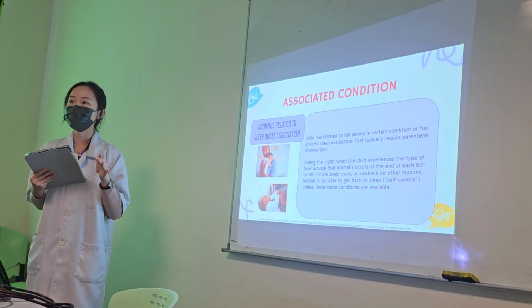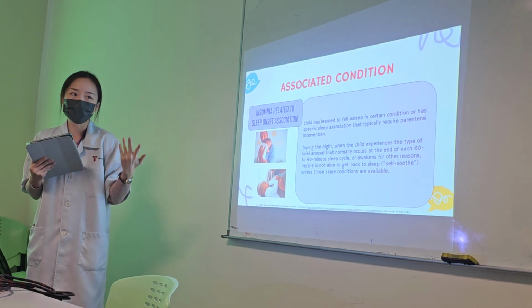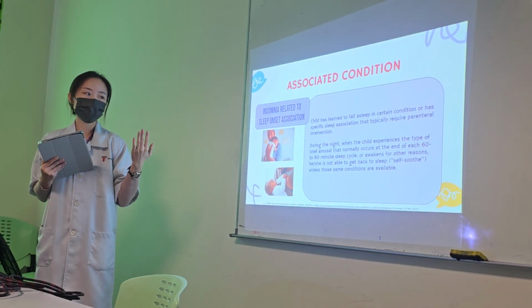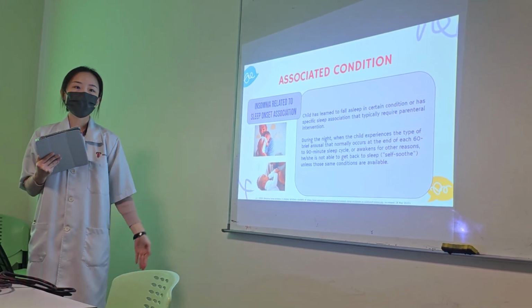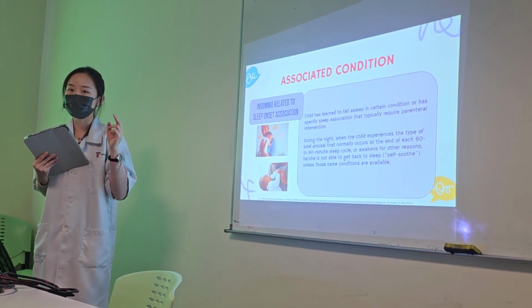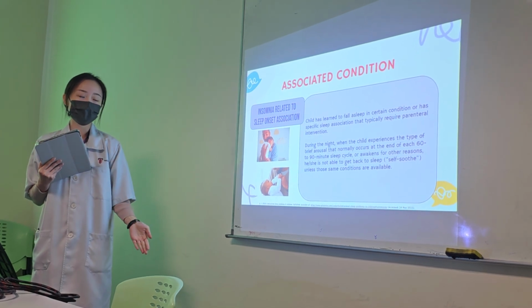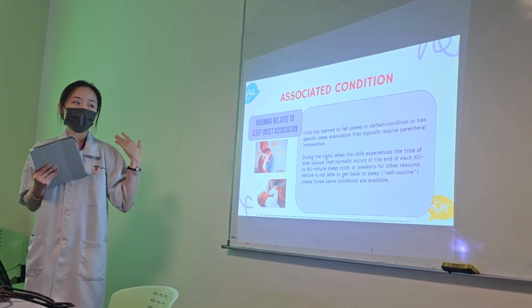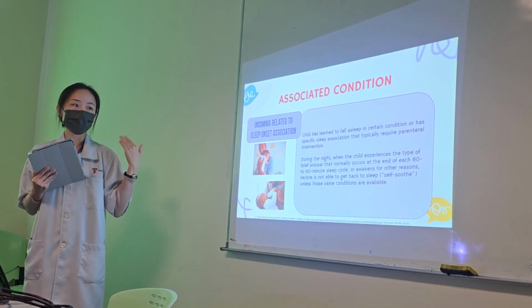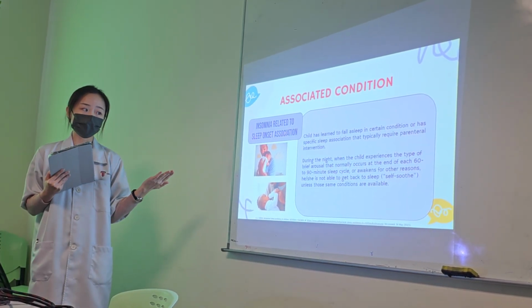During the night, when the child wakes up for no reason, they can't get back to sleep unless the same conditions are provided. As a result, they will cry to signal their caregiver so that the same conditions are provided. As a consequence, the child will have prolonged night waking and insufficient sleep.